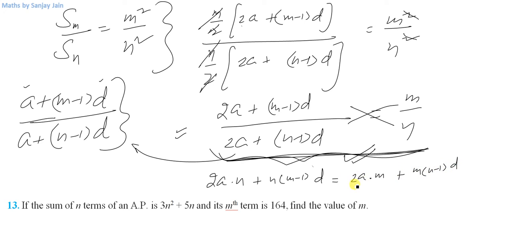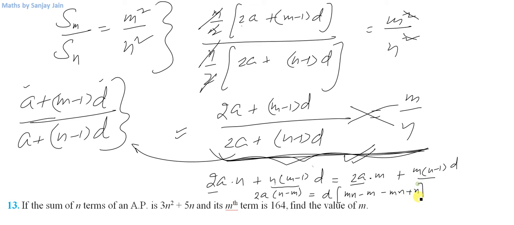So I am keeping all the terms that contain 2a on the left hand side. So 2a n minus m will be there on the left hand side, and I am taking the terms containing d on the right hand side. So I'll have d into, this is mn minus m, and when this term comes on the right hand side, this will give me minus mn plus n.